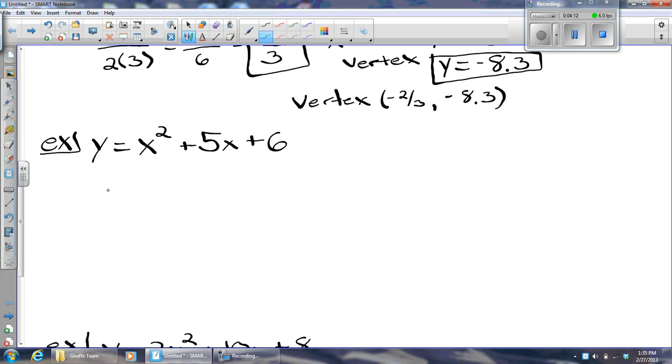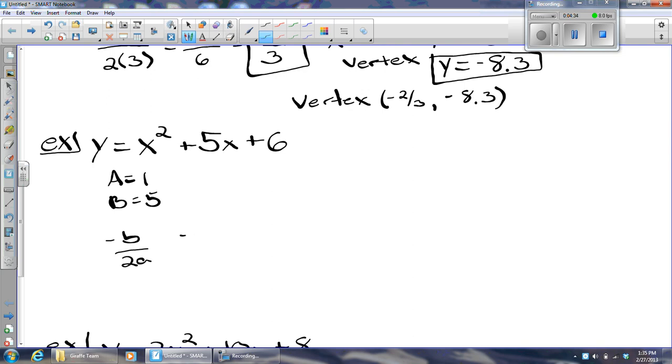All right, so first thing we have to do, find our a, b, and c. Well, in this case, just our a and b. Okay, so our a is 1, our b is 5. The formula is negative b over 2a. So we're going to plug in.